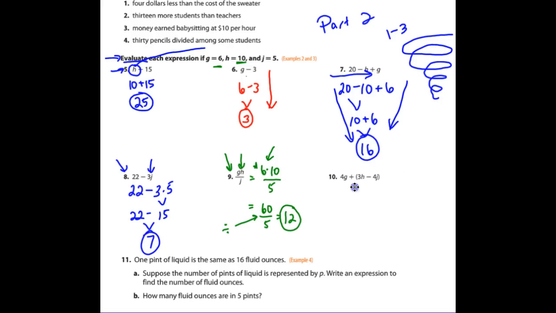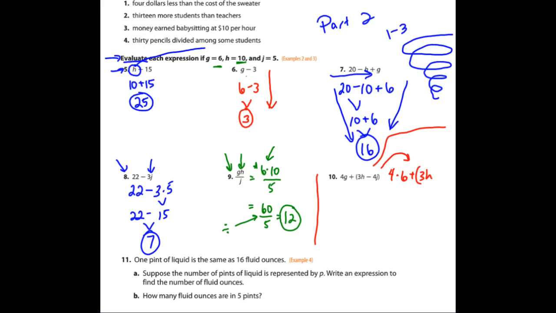And the last one, how about back to red? All right, the trickiest one of them all. The trickiest of them all says 4 times g plus parentheses 3h minus 4j. Well, that's a crazy one. Let's figure it out. Get some room over here. I'm going to kind of work it right here. You have 4 times g is 6 plus 3h.